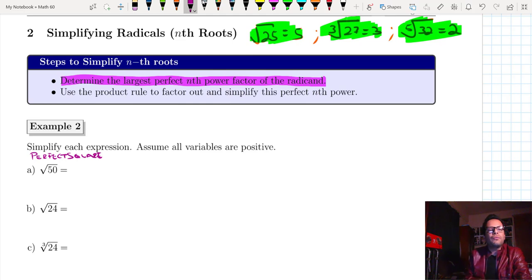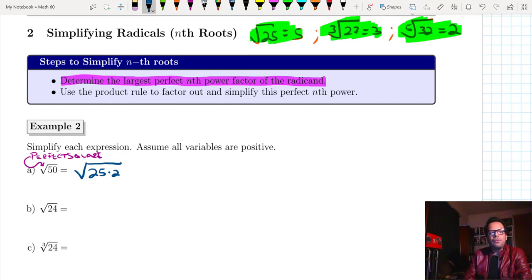How do we know we're looking for a perfect square? Because of the index right here. The absence of a number in there means a 2. So we're looking for a perfect square. The question is, can we write this in a way that one of the factors is a perfect square? Yes. It turns out that the square root of 50 is the same as the square root of 25 times 2.